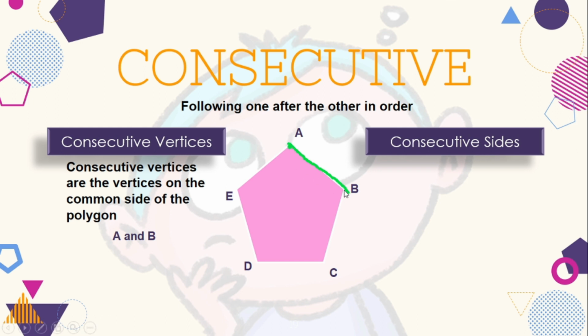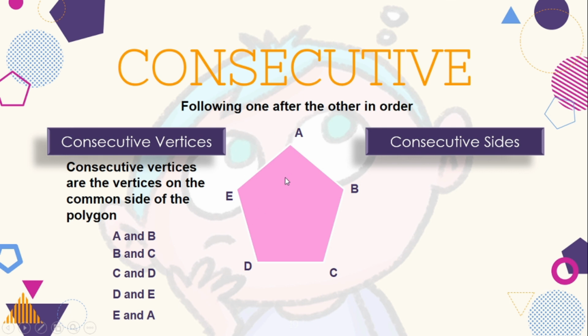They share common side. So we have consecutive AB. Next is we have consecutive BC. Sa side na to, ang consecutive vertices ay BC. Next is we have CD sa side na to. Okay? Vertices on the common side na to ay C and D. And then we have on the other is D and E. And last is we have E and A. Okay, so those are the consecutive vertices.